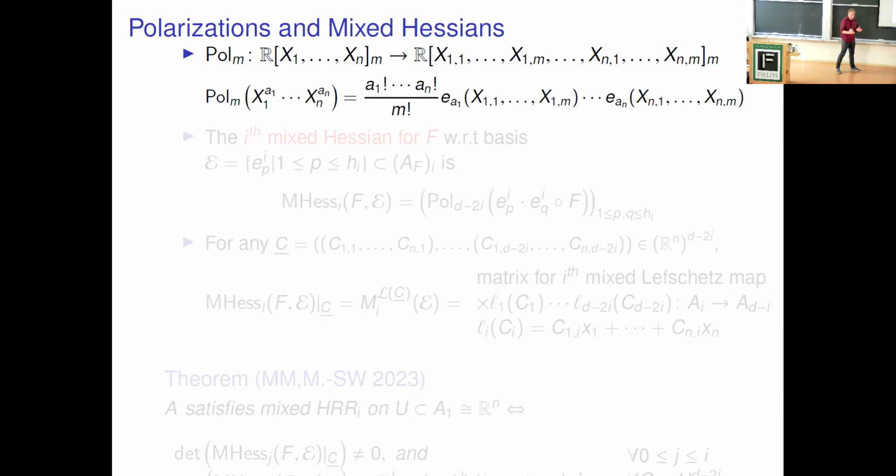And what does it do? It takes a variable to a power and replaces it with the elementary symmetric function in that degree in that clump of variables. So x1 to the a1 goes to e_{a1} evaluated at the clump of variables x11 to x1m.